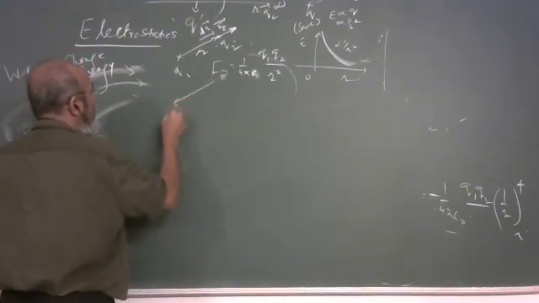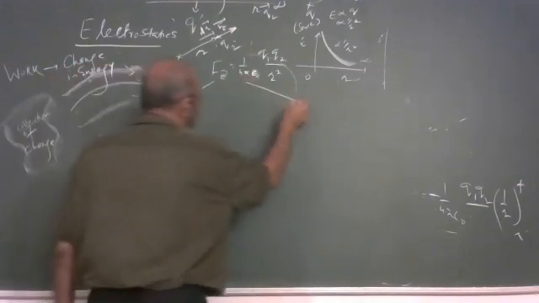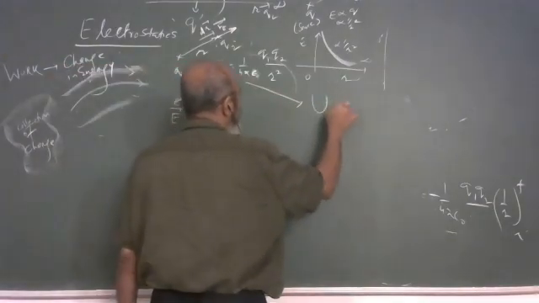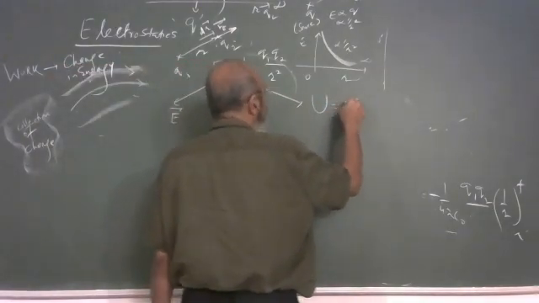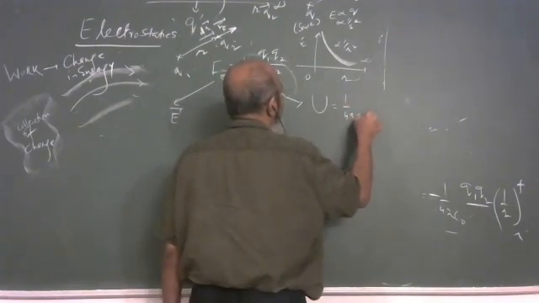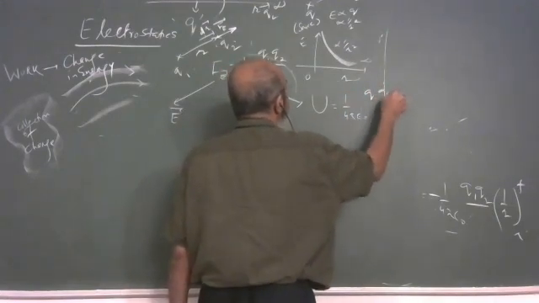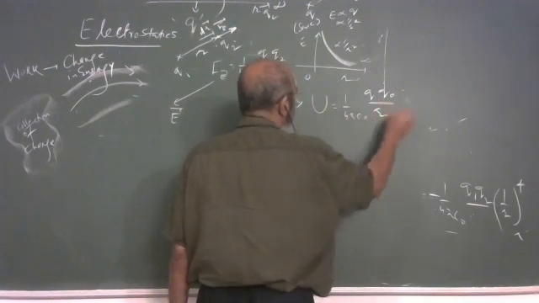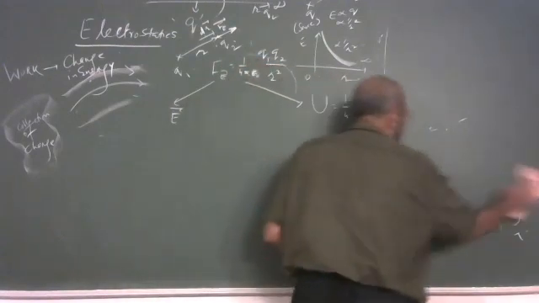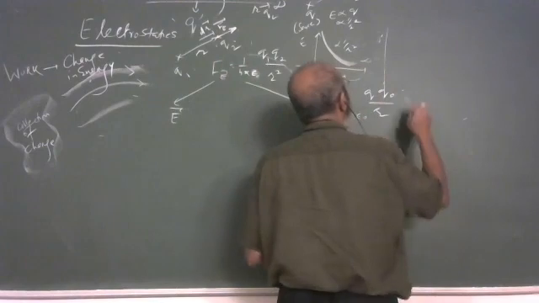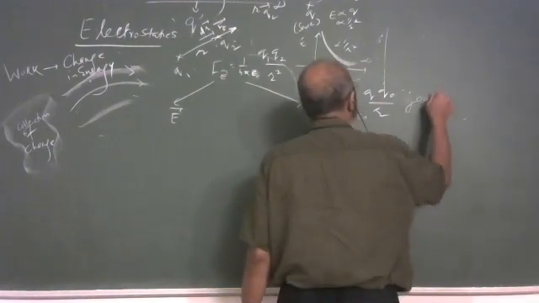So I developed the idea of this, and now I have developed an idea of U here somewhere. Two charges Q and Q naught, instead of Q1, Q2, at distance R. Since it's energy, this is in joules.